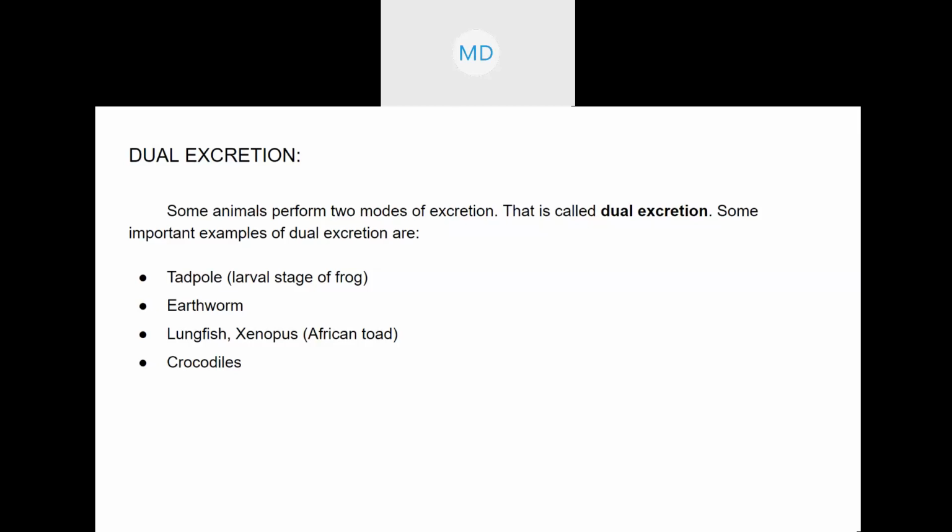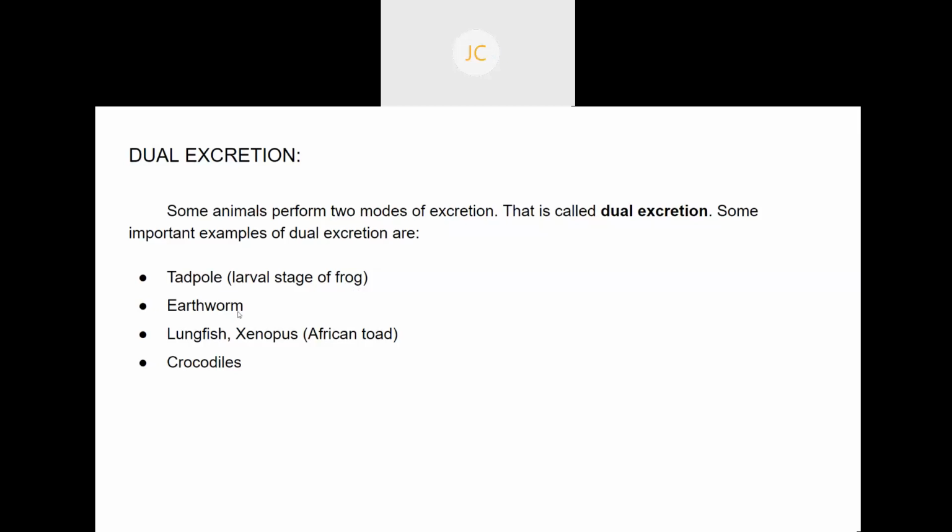When tadpoles become frogs, they become ureotelic. When frogs were small, that is the tadpole, they were ammonotelic since they live in the water. But when they grew up and metamorphosis took place and they became frogs, they are ureotelic. Understood? Tadpoles are ammonotelic, whereas frogs are ureotelic. Ureotelic means when it grows up, it lives on land, therefore it is ureotelic. Then same case with earthworm.